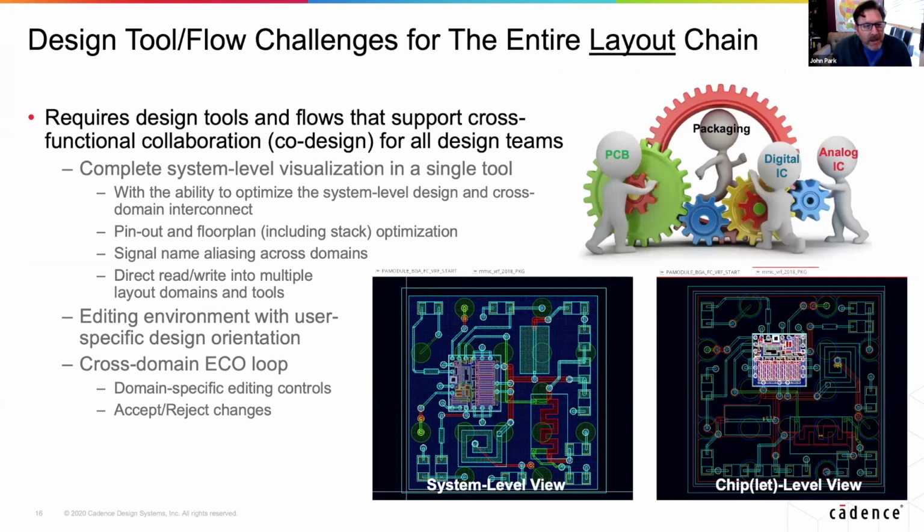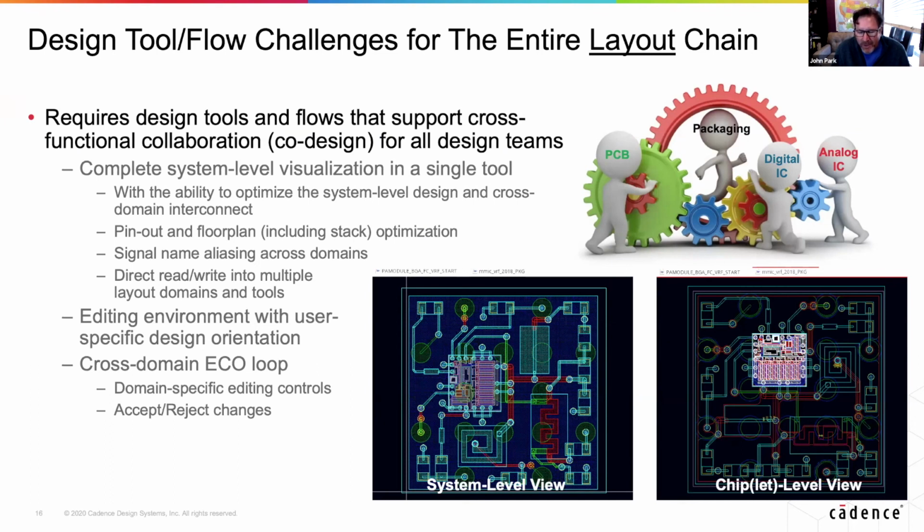So, number one, we've been throwing out this term co-design for at least 2 decades. It has different meanings to different people, but as we move to this world of heterogeneous integration, there has to be seamless, and I mean seamless, co-design between the analog and digital IC teams, as well as the package design teams.